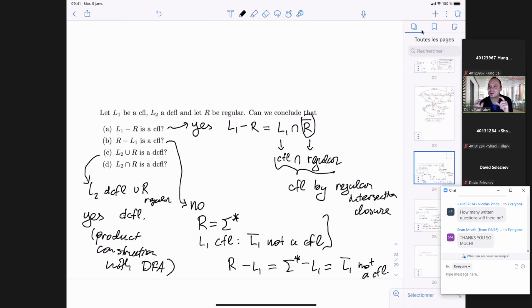So you're simulating both things in parallel. So you can always do this kind of product construction. And if you've been attending lectures, you probably saw this construction. I mentioned it 1 or 2 times.